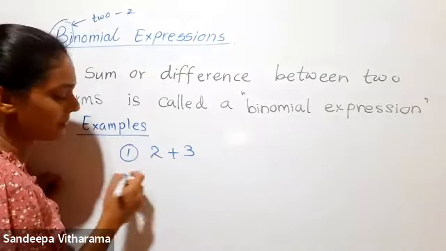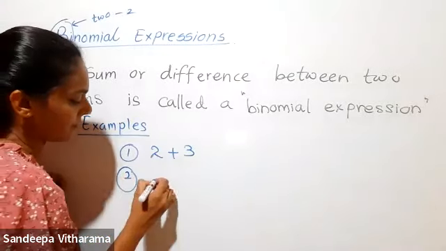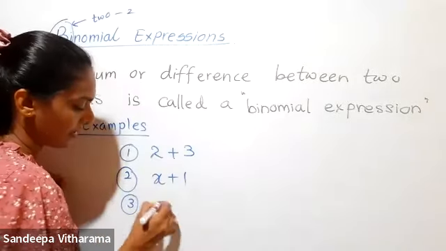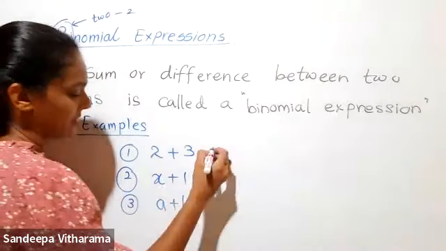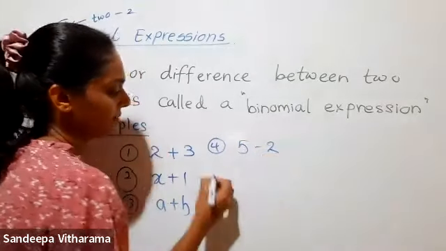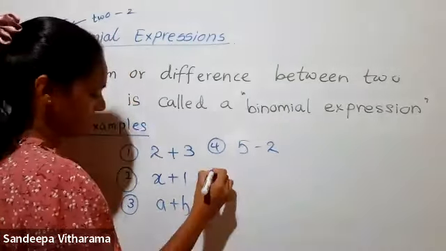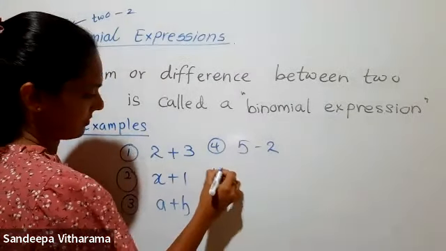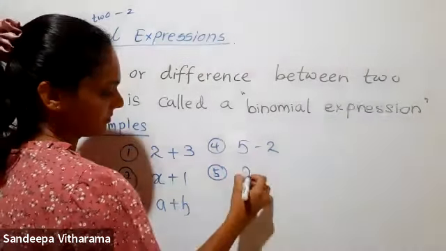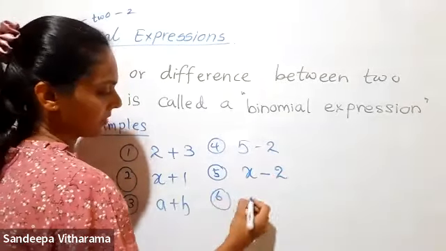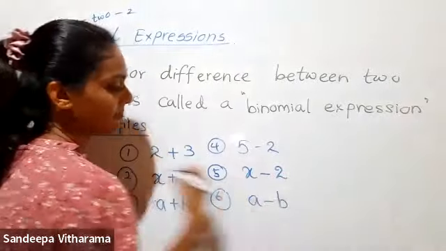So we can say this is a binomial expression. x added to 1. a added to b. 2 subtract 5. x subtract 2. a subtract b.